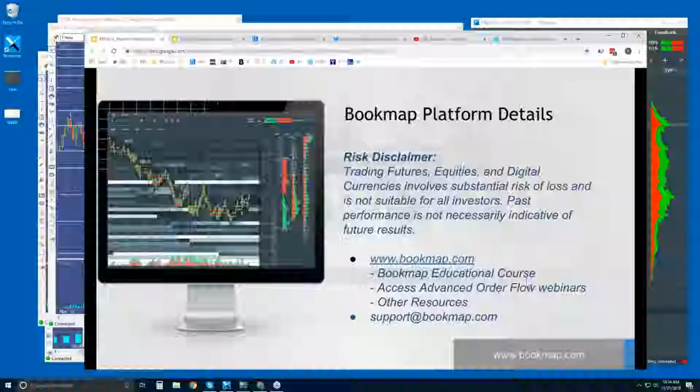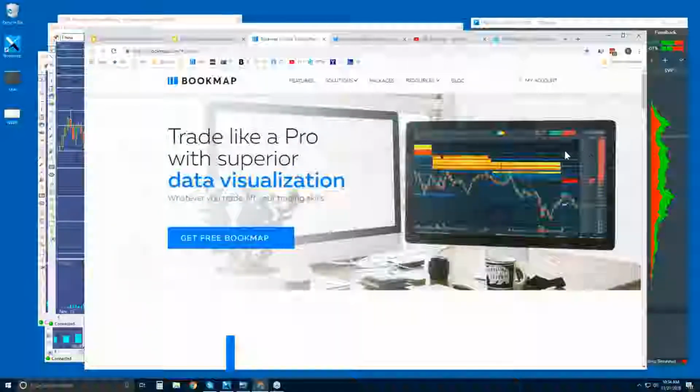If you're a scalper, you're looking for some sort of imbalance or exhaustion or absorption or reversal or pattern, Fibonacci levels, whatever, it doesn't matter. We're going to go over order flow that can help any trader with any trading methodology. All right, so that said, let's jump into the website here and introduce you to Bookmap.